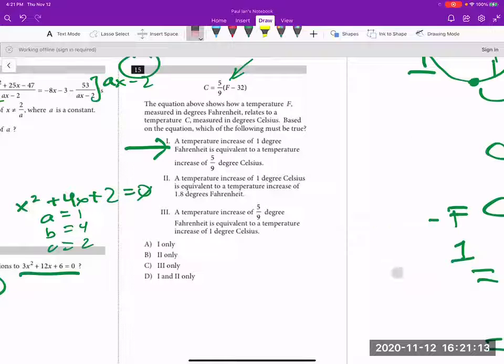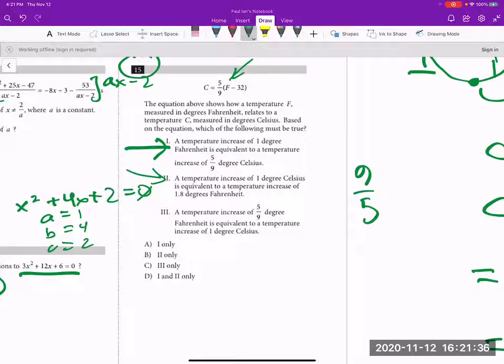Okay. All right. Let's look at number 2. For this one, a temperature increase of 1 degree Celsius is equivalent to a temperature increase of 1.8 degrees Fahrenheit. So 1.8 looks like 9/5.